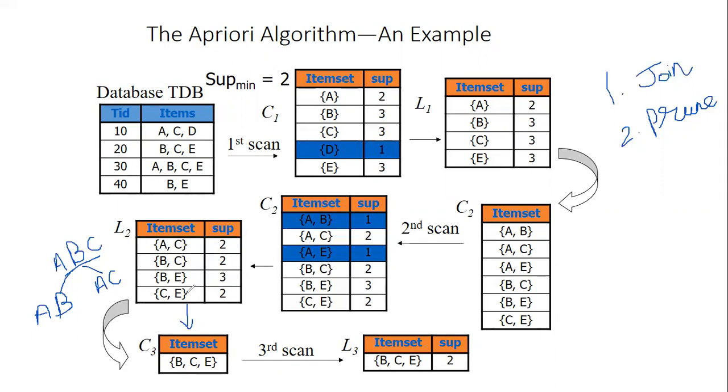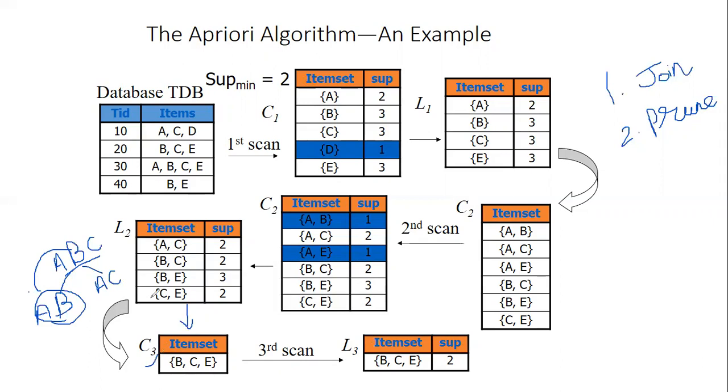Do you see any AB here? No. AB is not a frequent item set, but AC is frequent. The second statement says that if any item set is infrequent, its superset is also infrequent. Is it clear?